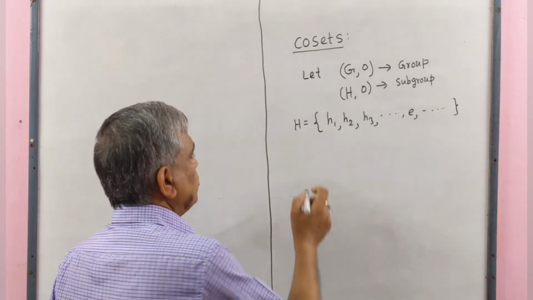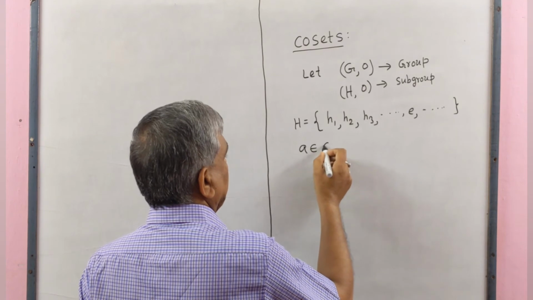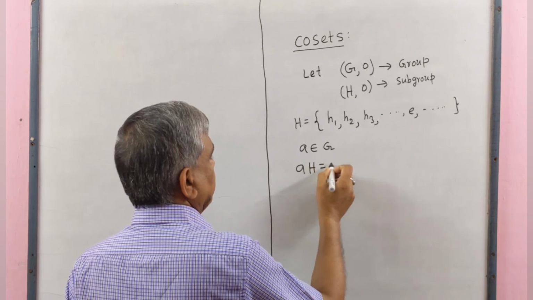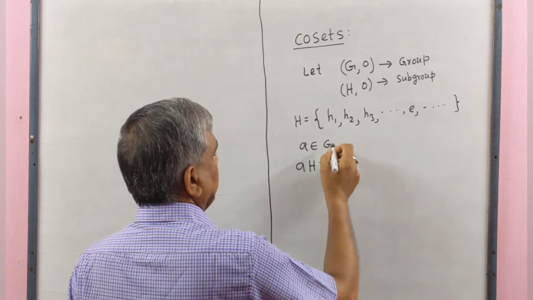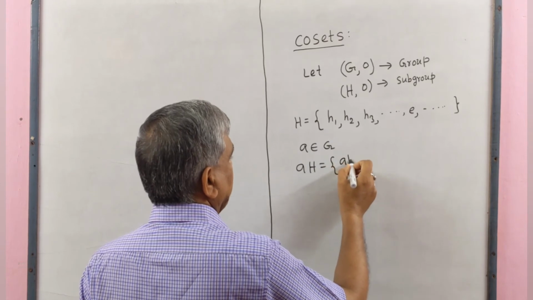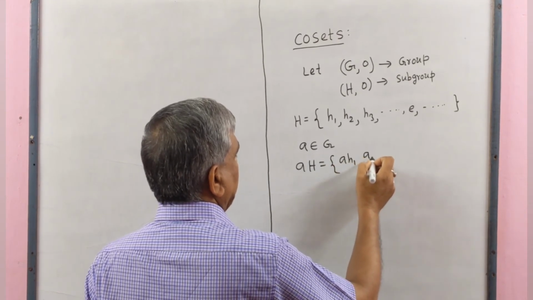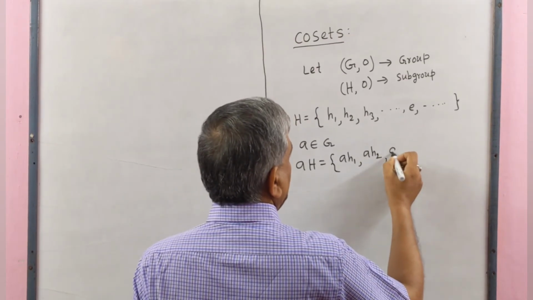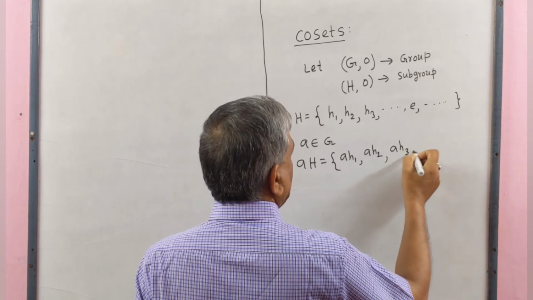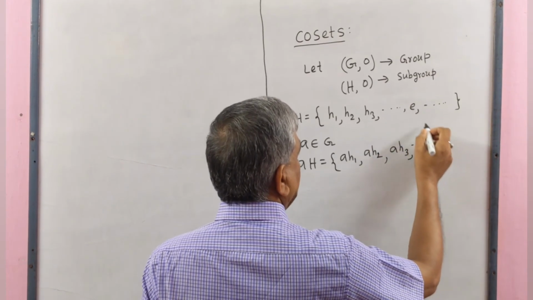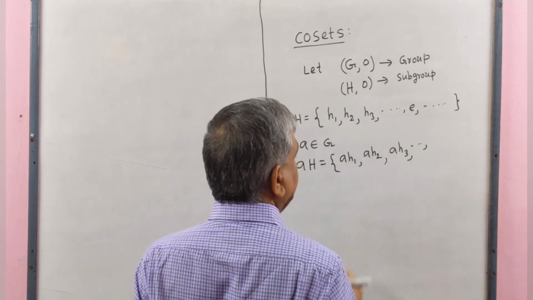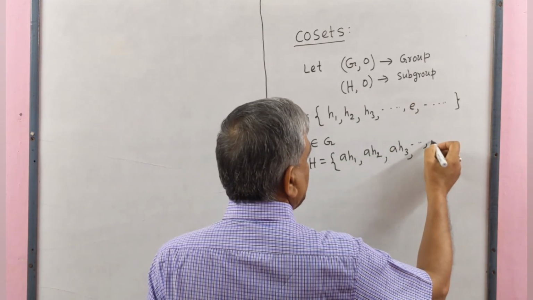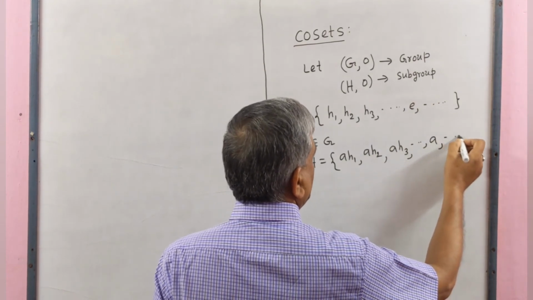Let A belong to G. Then we write AH equal to A operation H1, A operation H2, A operation H3, A operation E, where E is the identity element. So A operation E means A.